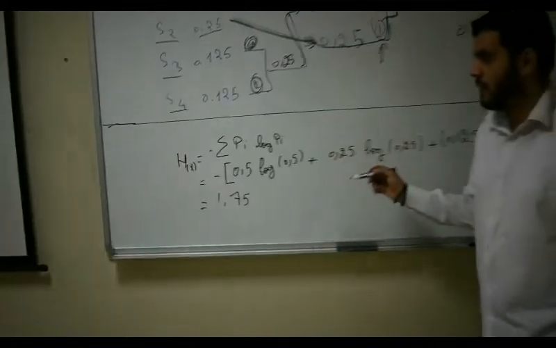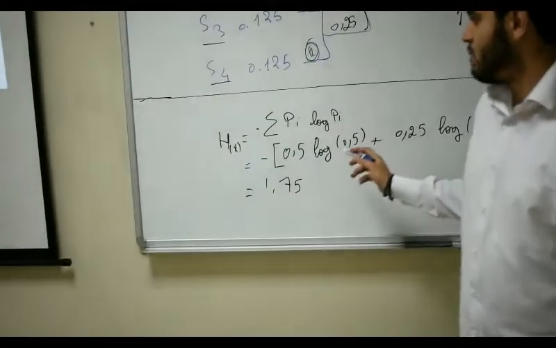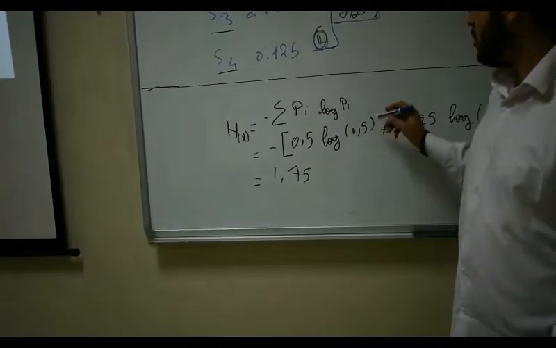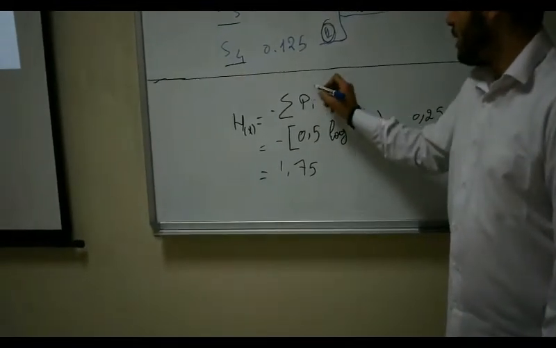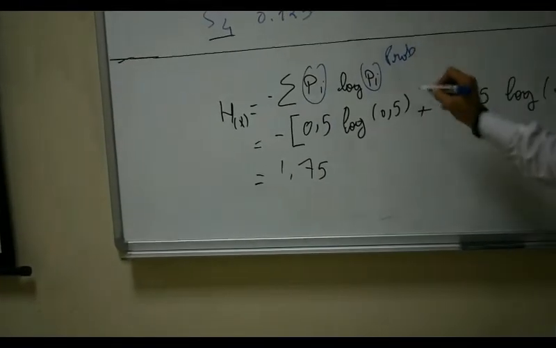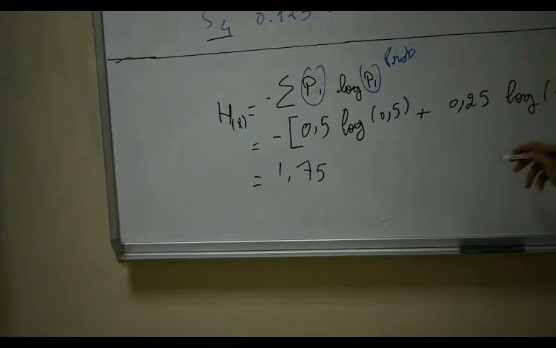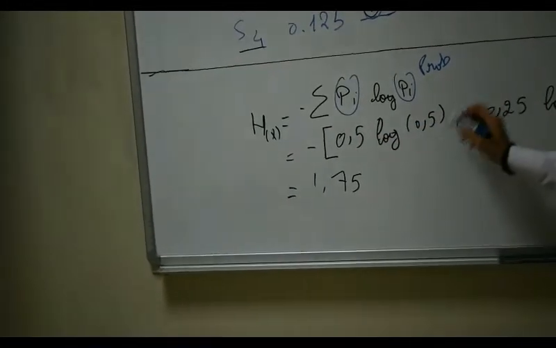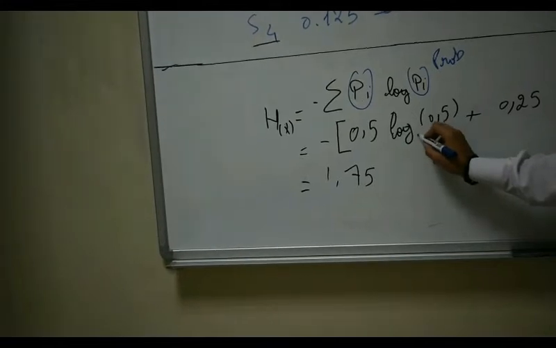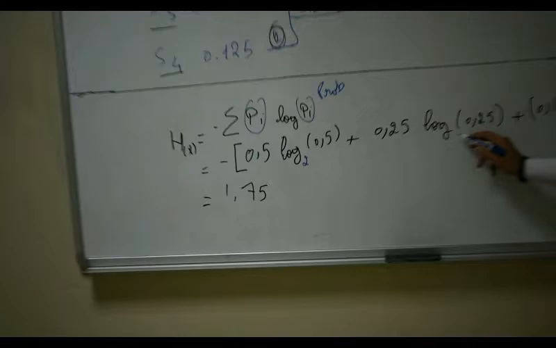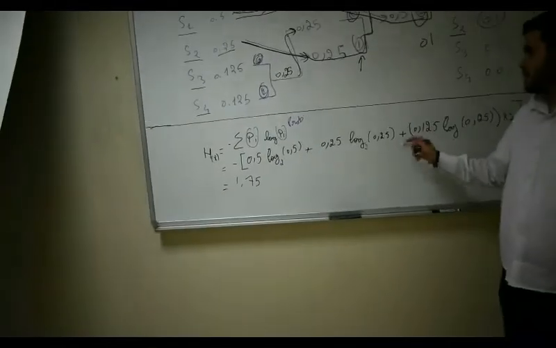And now we will calculate the entropy. The entropy equation is H(X) equals minus sigma Pi times log Pi, where Pi is the probability. So H(X) equals minus 0.5 times log base 2 of 0.5, plus 0.25 times log base 2 of 0.25, and so on.